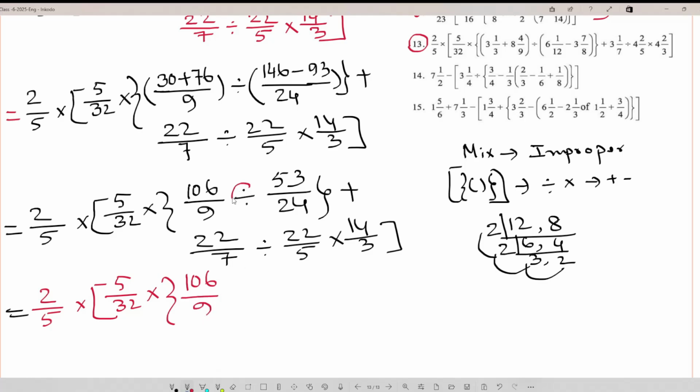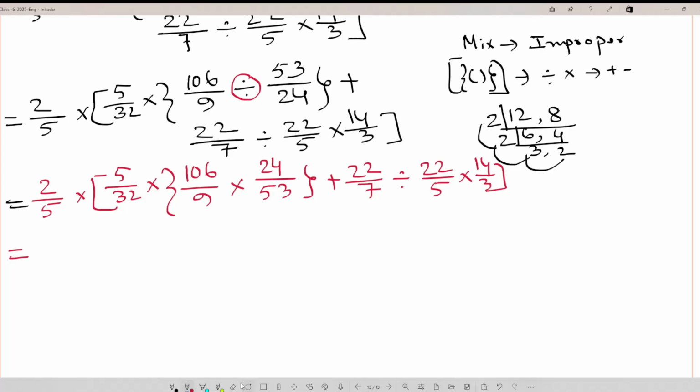Look, this is a division sign. So once we divide one fraction by another fraction, the first fraction will be unchanged, the second fraction will be multiplied, and the fraction will be reversed. It means 24 divide 53, right? Then plus here is 22 by 7 divide 22 by 5 times 14 by 3, close third bracket.